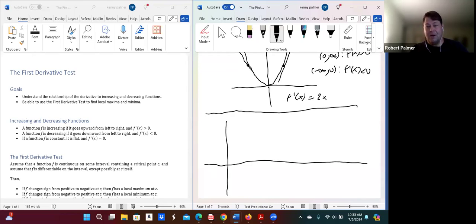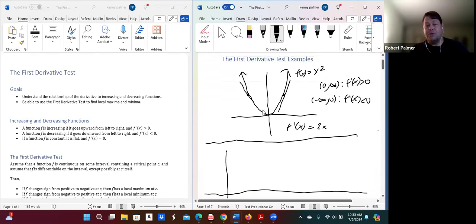Right here at 0, if this function is continuous and there are no corners, no gaps, no holes, so our derivative is defined everywhere, then the derivative is equal to 0 at 0 because the derivative changes from negative to positive. We'll talk about that next.